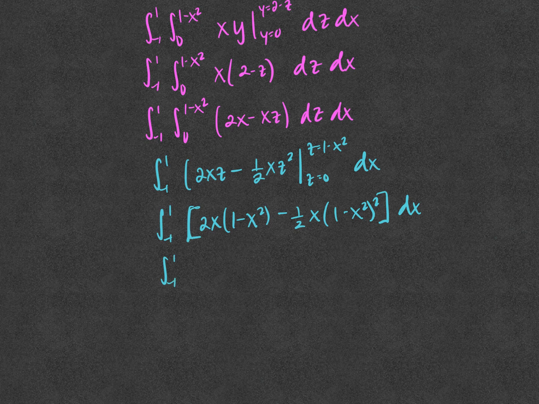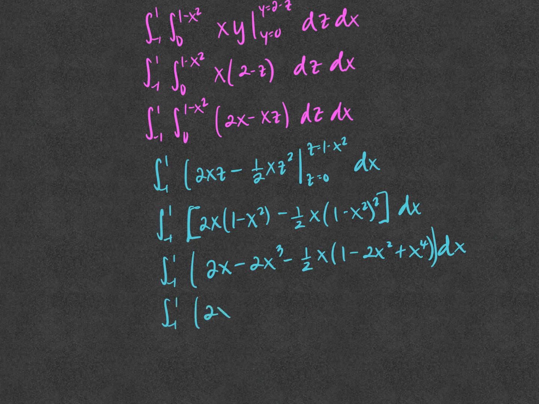So the integral from negative 1 to 1, here we have 2x minus 2x to the third minus 1 half x times (1 minus 2x squared plus x to the fourth) when we do FOIL here, dx. So negative 1 to 1, we have 2x minus 2x to the third minus 1 half x plus half of 2 is 1, and that makes x to the third, minus 1 half x to the fifth with respect to x.